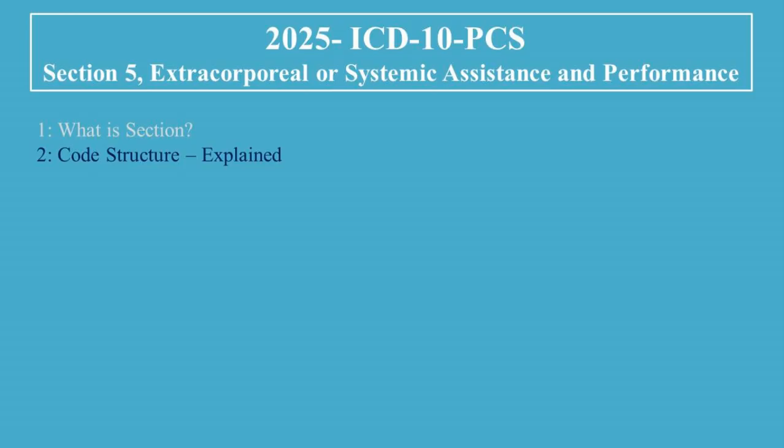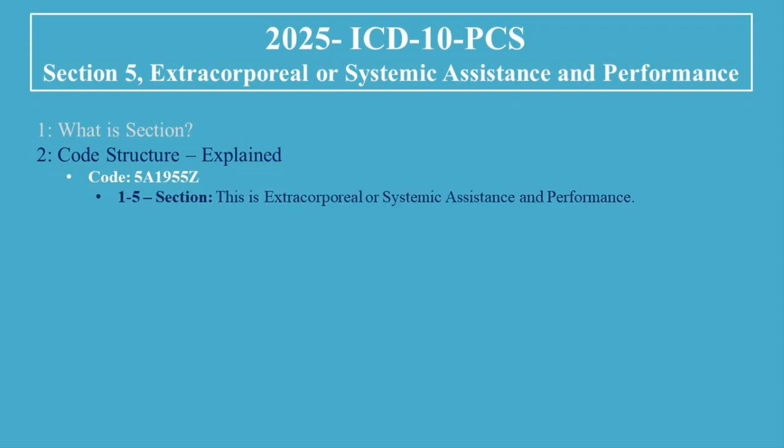2. Code structure explained. Let's break down a PCS code from Section 5 using this example code: 5A1955Z. This code means assistance with ventilation using a mechanical ventilator for less than 24 hours. Let's explain each character. First character, 5, section.